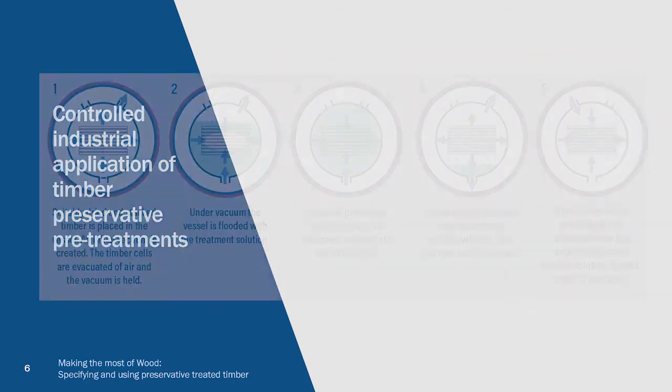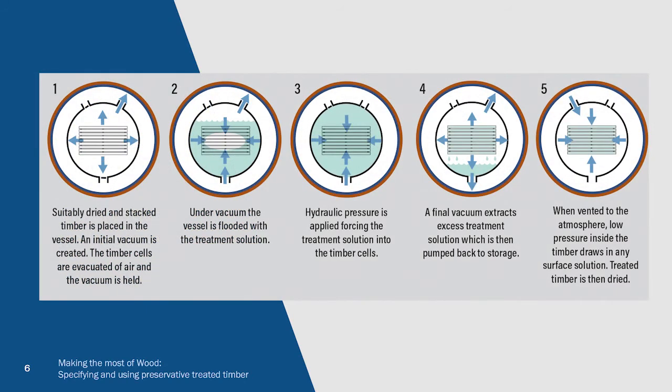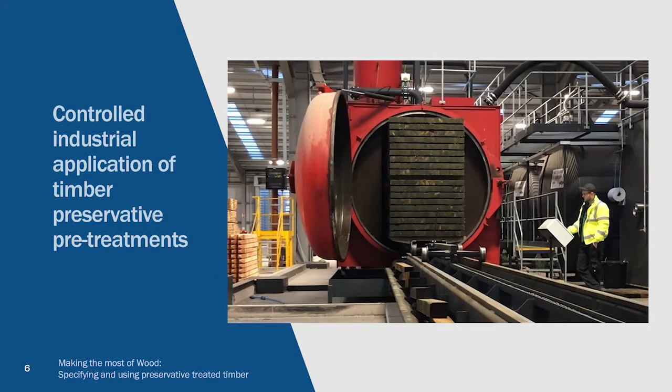The most widely used process for applying preservative treatments to both solid wood components and to some panel products is vacuum pressure impregnation. This is carried out by specialist companies in large pressure autoclaves under factory controlled conditions. Industrial impregnation plants are sealed and controlled systems.